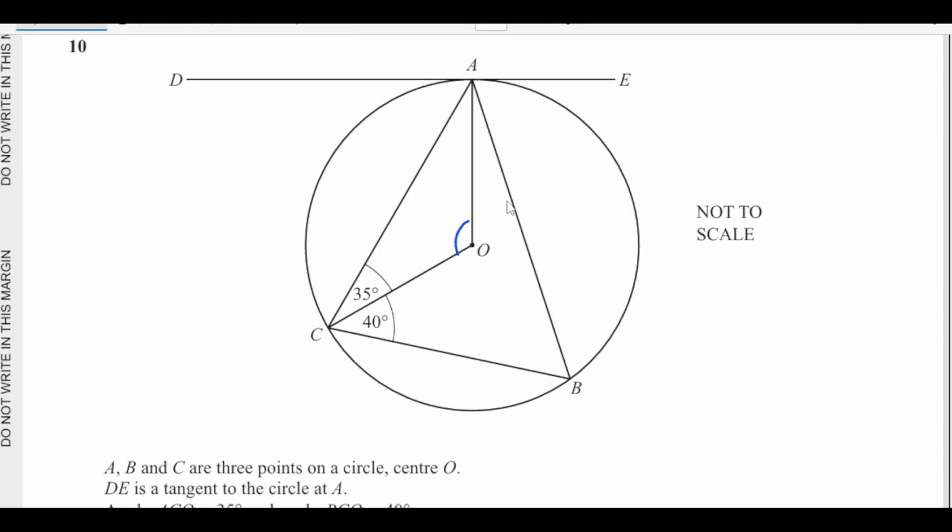Now, if you observe, this is a center, right. If this is center, OC and OA are radii, both of them are radius. So, they are equal. Then AOC becomes an isosceles triangle. So, if this is an isosceles triangle, then these two angles are going to be the same. If this is 35, this is also 35. Now, we can find out angle AOC.